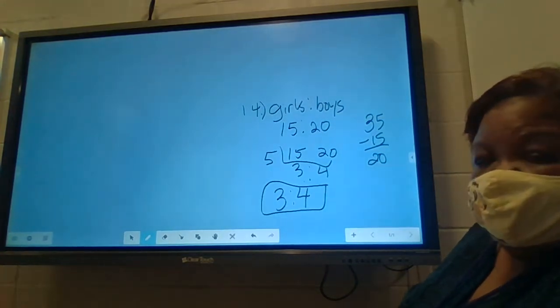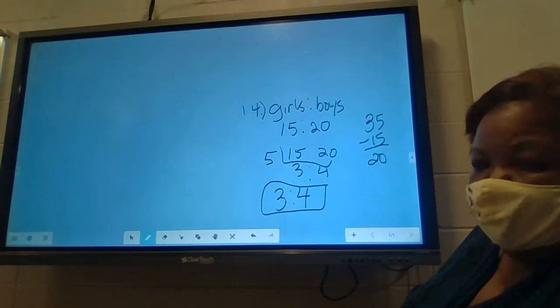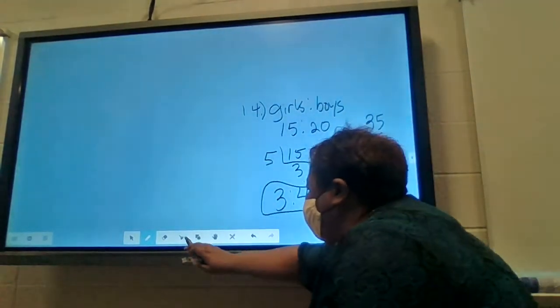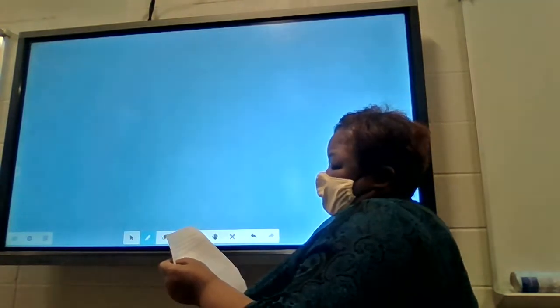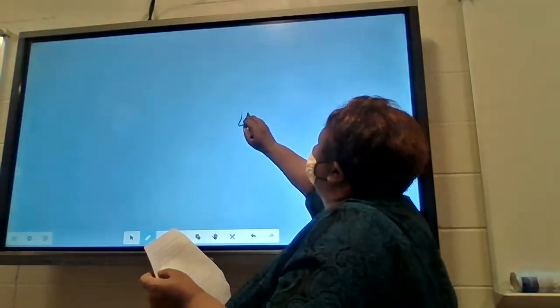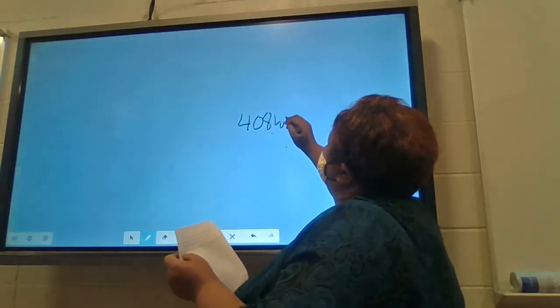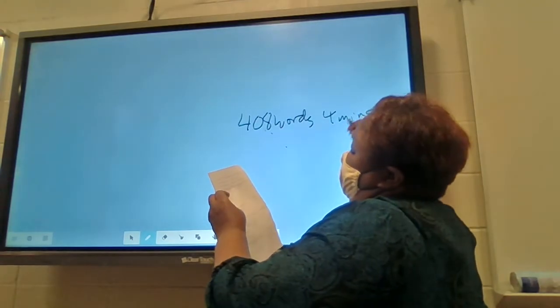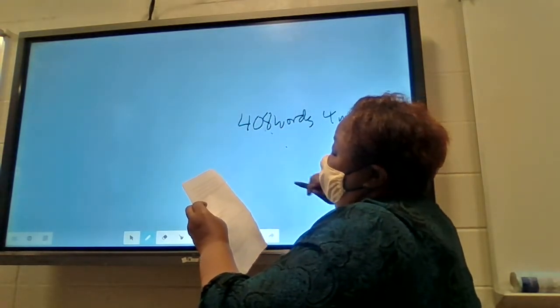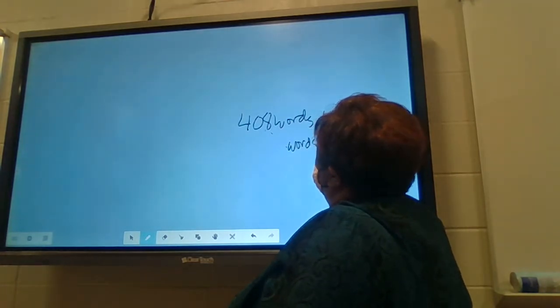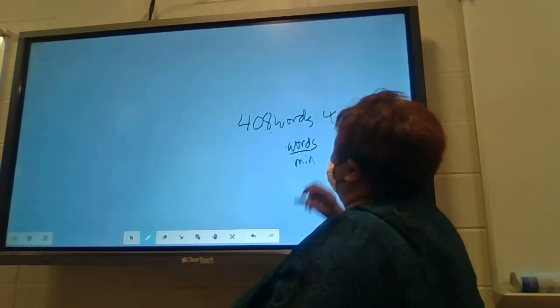Now 15 is a unit rate problem. You want to write unit rate on your paper. Number 15 says if you can type 408 words in 4 minutes, how many words do you type each minute? So we want words per minute.